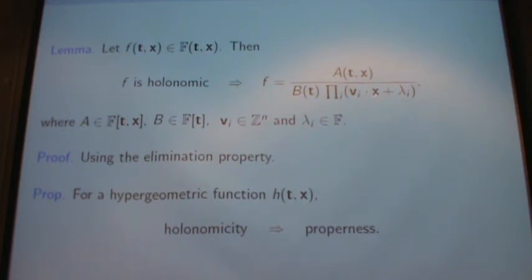To prove this special form of a holonomic rational function, we need this elimination property. First, you use the elimination property to prove that the denominators in the continuous variable and the discrete variable are separate. Then you apply the method used in the discrete case to say that here is integer linear. So we also use some results from the discrete case. Then we combine them together, and we get the general proof.